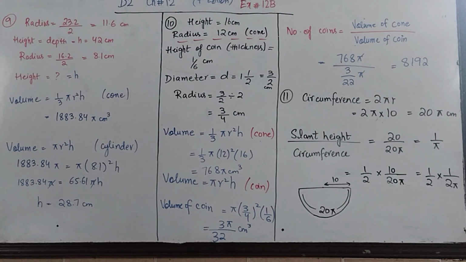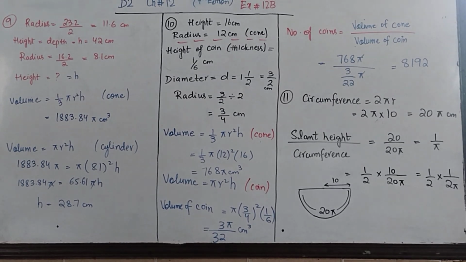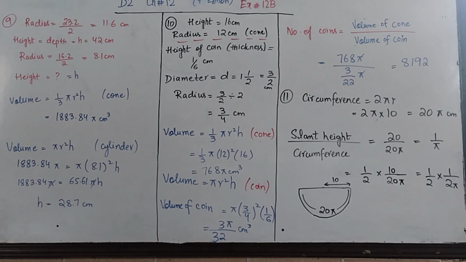Next, again the radius of the cylinder, and you have to find the height of the cylinder. The first formula, for the volume of the cone, is 1 by 3 pi r square h. Put all the values in the formula and you will get the volume of the cone, because you know the value of radius and the value of height.